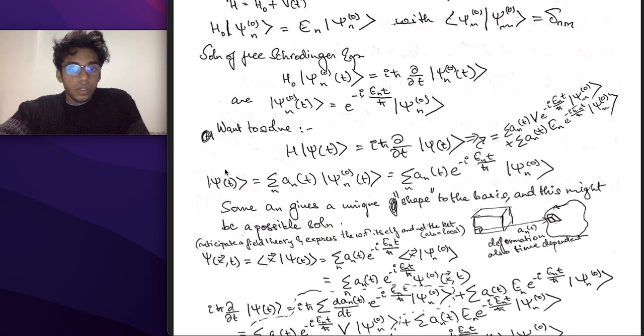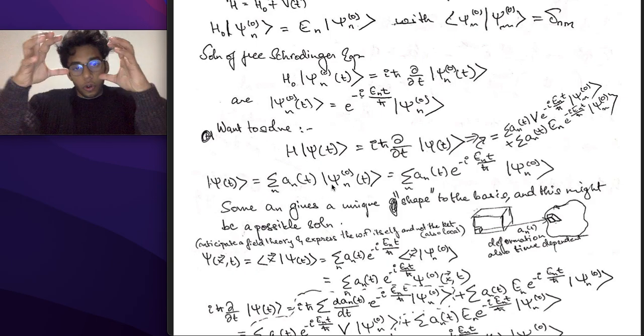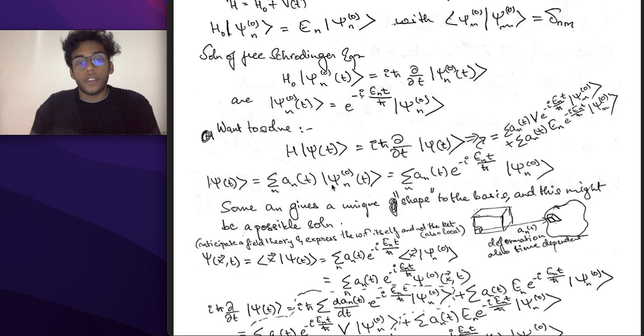So what you do is you represent your psi of t as a summation of some coefficient times your original basis psi naught of t. So basically this is the deformation that I was talking about. You deform your original basis of eigenstates, and this deformation gives you your perturbed theory.